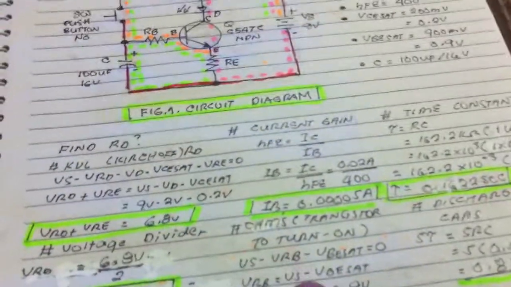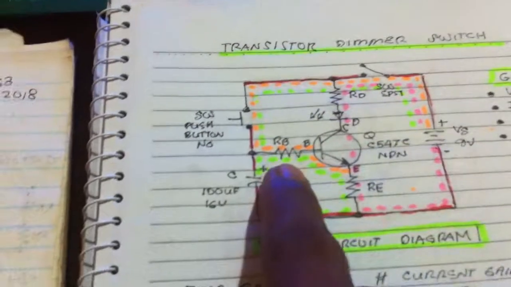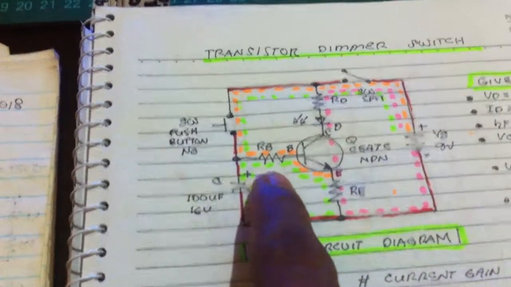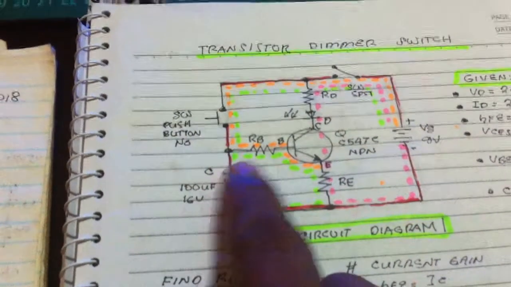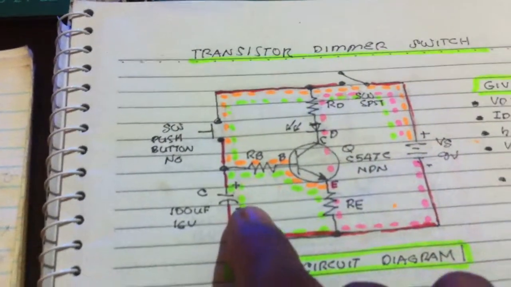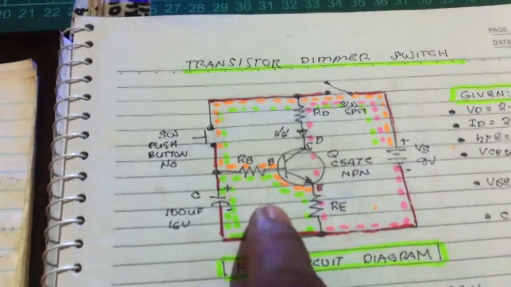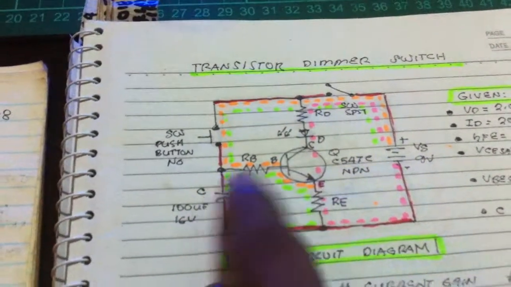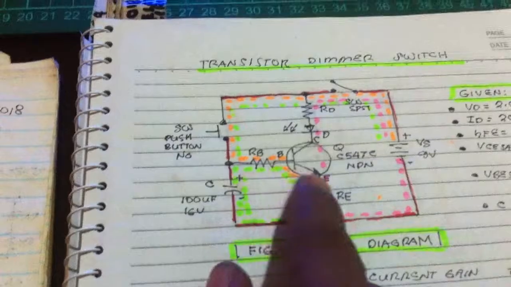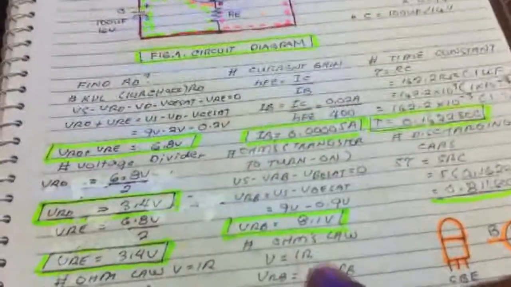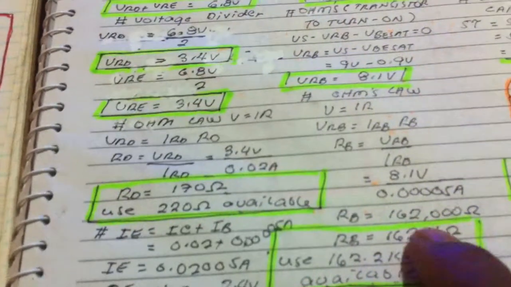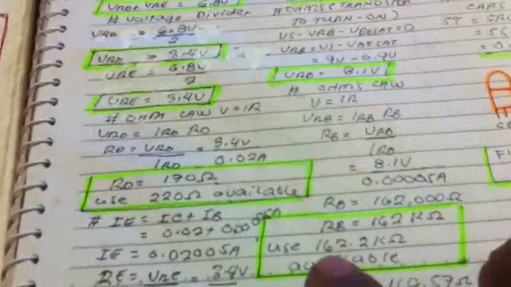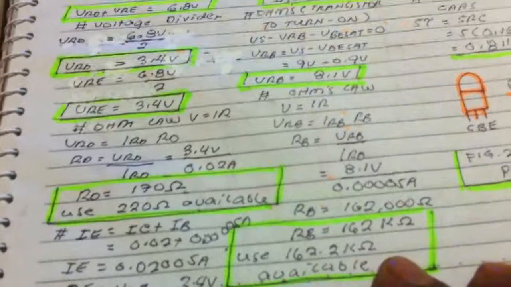We just use this formula to know what the voltage drop is here, and the transistor is operating as a switch. Just compute for this value, and using Ohm's law we get now 162 kilo ohms. I use 162.2 kilo ohms.